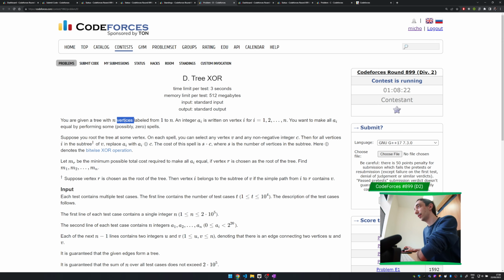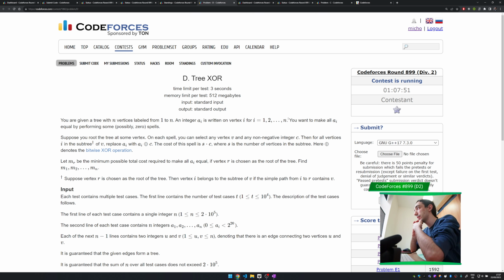You're given a tree, with vertices labeled from 1 to n, and AI is written on each vertex. You want to make all AIs equal by performing some spells. Suppose you root the tree at some vertex. On each spell, you can select any vertex v and any non-negative integer c. Then for all vertices in the subtree of v, you do this.